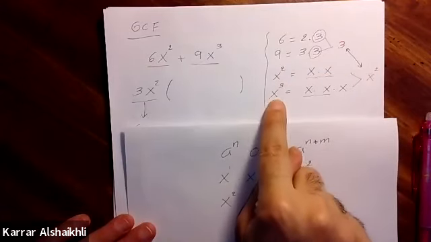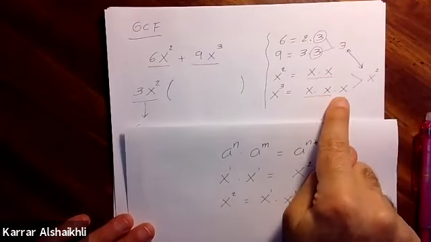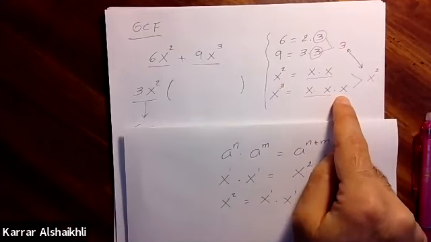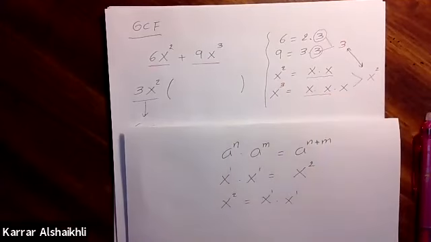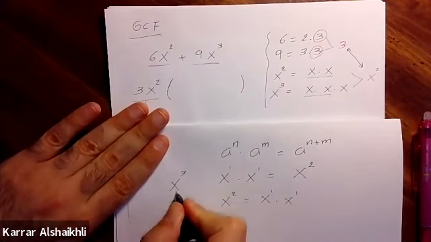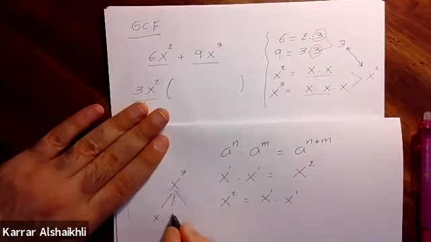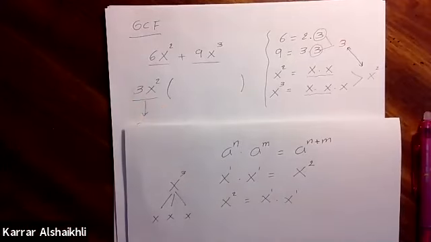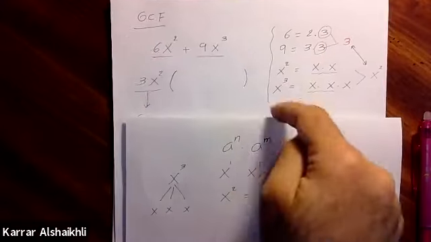X cubed, how many x do we have here? 3 x's. To make everything easier for you, we're going to factor the x cubed into small pieces: x, x, x. Instead of putting the x's together, we factor into small x's.